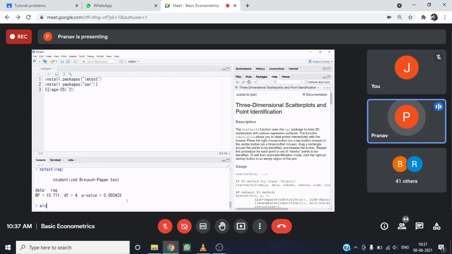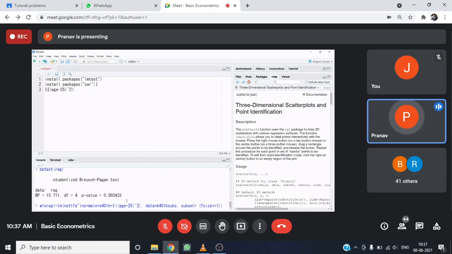Let me call it WLS REG. Again, I'll run the same model. It is very simple. Either you can do it manually, or there is a very simple command where I simply have to specify, before the data set, that now you're running a weighted least squares regression.